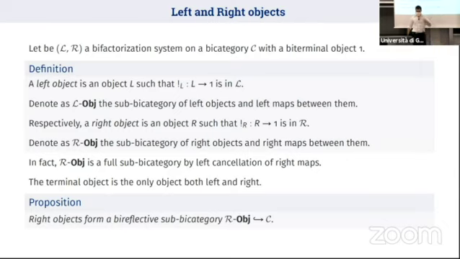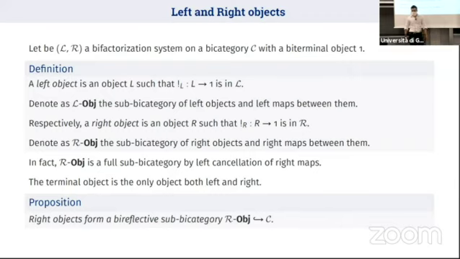And you can also, on the other hand, consider the subcategory of right objects, which in fact is automatically a full, two-dimensionally full subcategory by the cancellation property of the right maps.